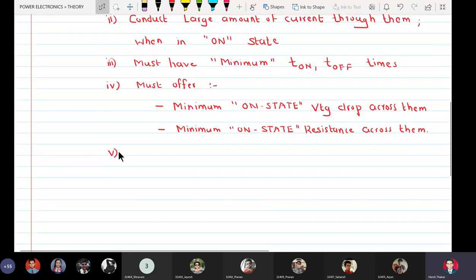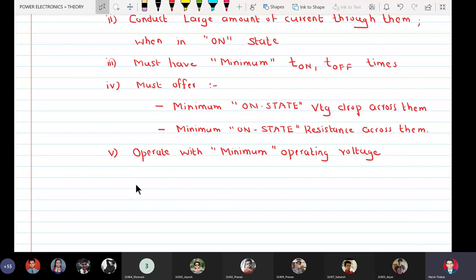The fifth property is operate with minimum operating voltage. Okay, operate with minimum operating voltage.